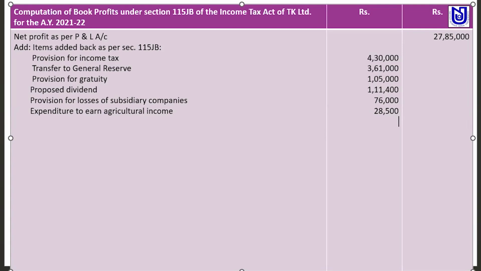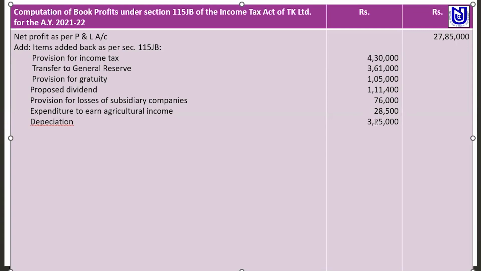Depreciation, including depreciation of 1,23,000 on revaluation, that is a different issue. Total depreciation is 3,25,000 mentioned here. Any amount of depreciation charged is to be added back under point number G in page 18. So depreciation has to be added back, and the figure is 3,25,000.